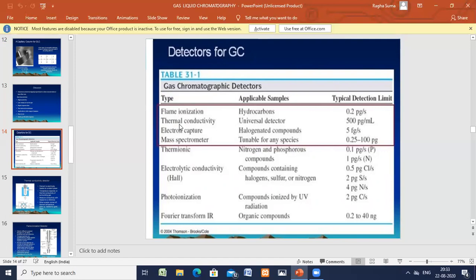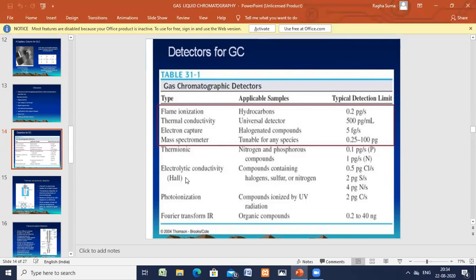Electron capture detectors detect halogenated compounds. Mass spectrometry is tunable for any species by taking the M/Z ratio. The thermionic detector is for nitrogen and phosphorus compounds, and the electrolytic conductivity detector for compounds containing halogen, sulfur, or nitrogen.